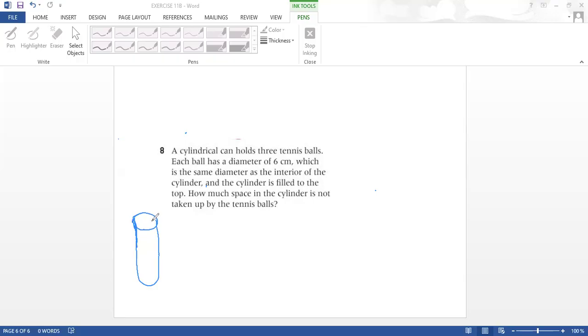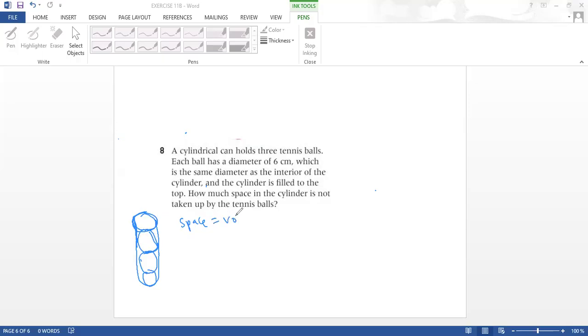So this is the cylinder, and let's say the top is covered, and we'll have 3 balls up to the top, which are similar. Let's assume these 3 balls are similar, though mine looks bigger than the other. They're asking for the space not occupied by the balls.